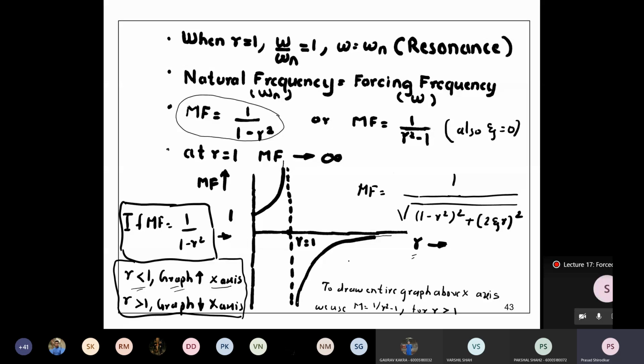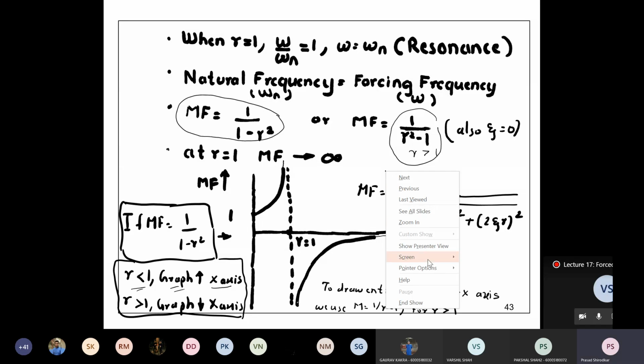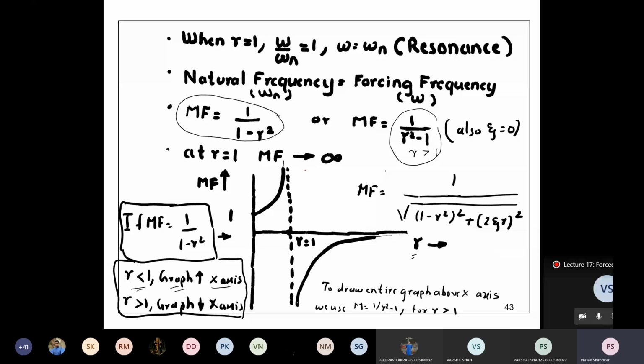Now to avoid that, when we are doing the analysis, for r greater than 1 we are going to write the magnification factor as r square minus 1. So when that happens, your response of magnification factor versus r will now come above the x-axis, and that is how we are going to plot it.